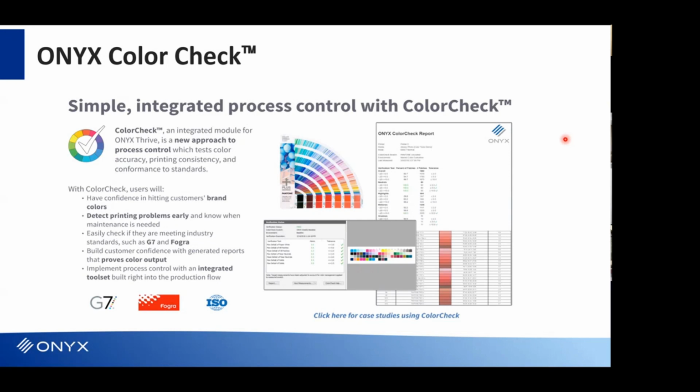It will generate a report and say if the color which is being printed, based on the swatch book check, is consistent with the chosen standard, like G7, FOGRA, ISO coated, right?